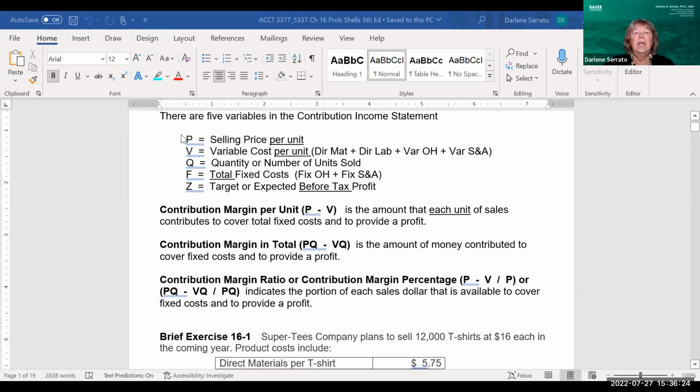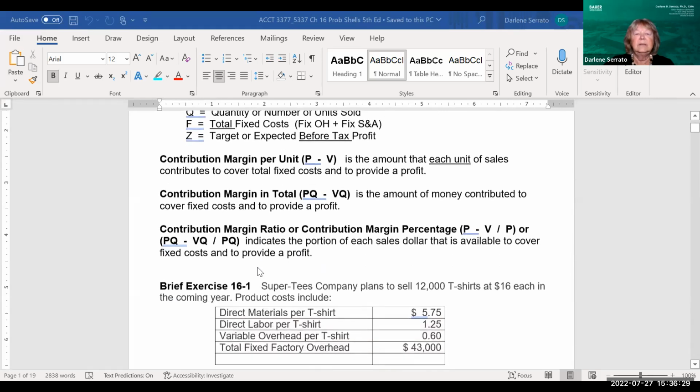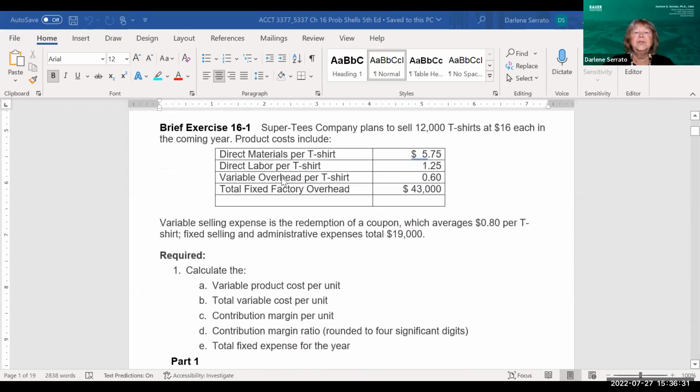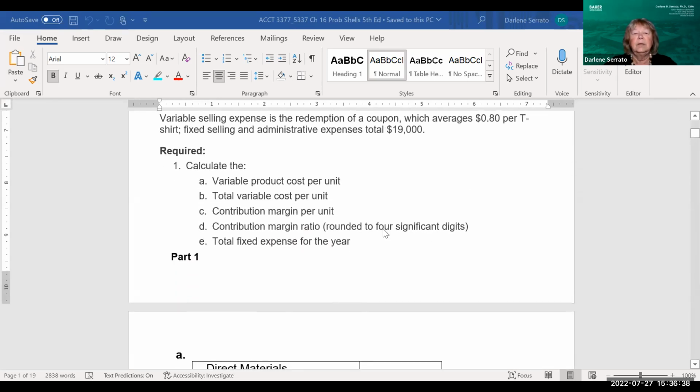Okay, here are the 5 variables, definitions, brief exercise 16.1. Calculate the variable product cost per unit.